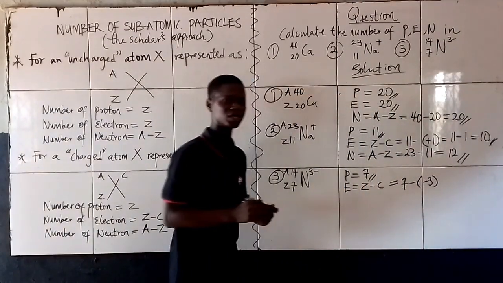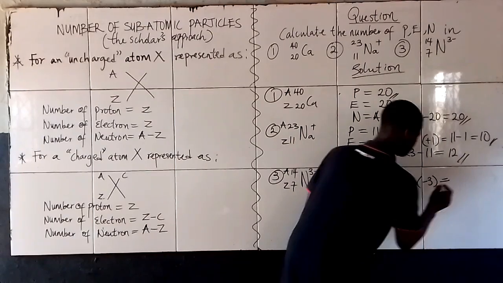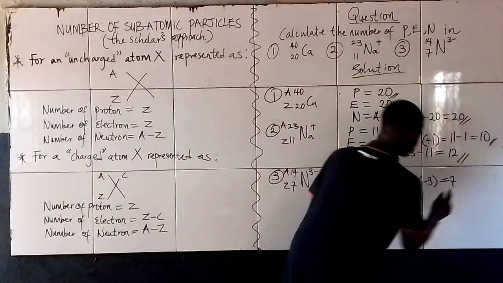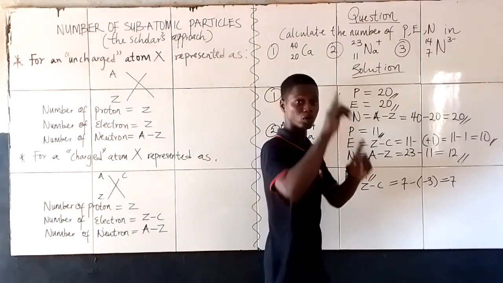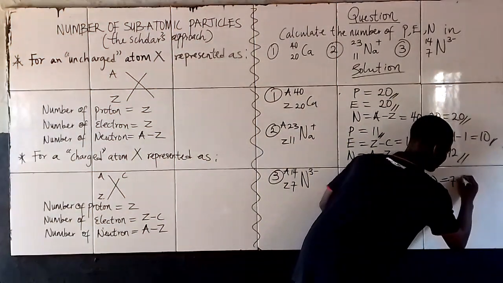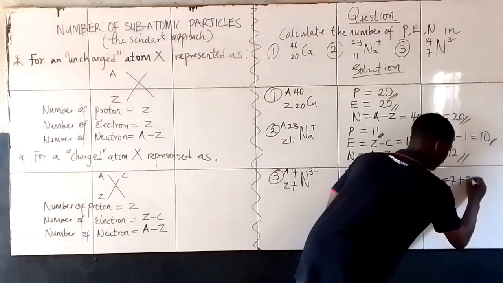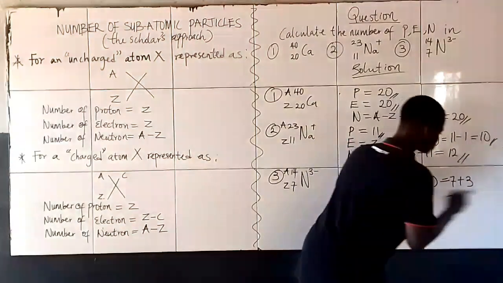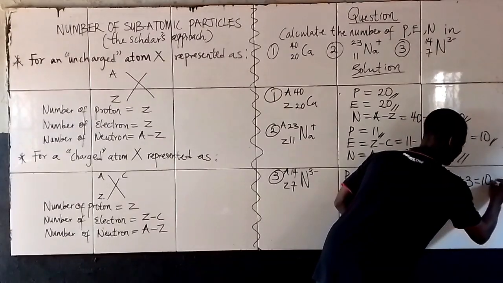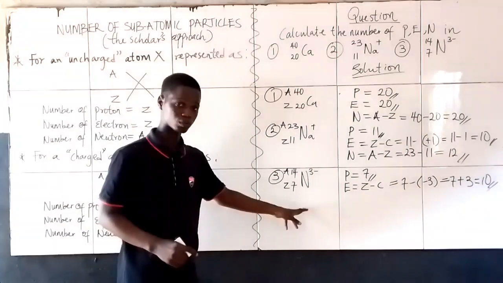Then I will close the bracket. Guys, how do we move further from here? Watch out. This will be equals 7. Now, from mathematics, minus times minus will change to plus. So I'll come here and write plus. Then what number comes after it? 3. Here I will write 3. So guys, 7 plus 3 is now 10. So this is what we have as the electron number in this atom.